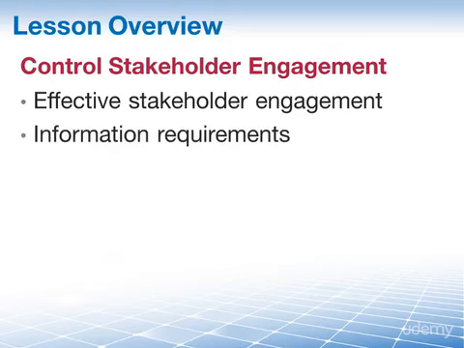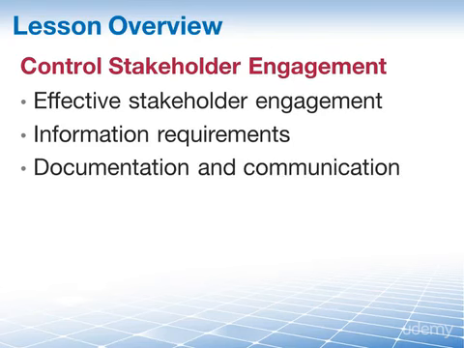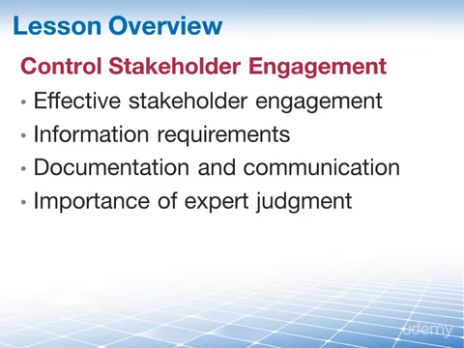We look at the information needed to keep stakeholders engaged in your project, including things like the issues log and performance data. We discuss project documentation and communication and why those are important to the process. We cover the importance of expert judgment on your project and how to utilize it effectively for the process.